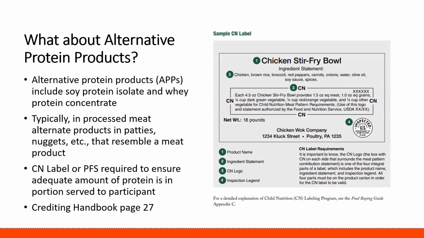So it gives you a lot of information, exactly what you need to know, whether it credits or not. So CN labels are extremely beneficial to have for products and are necessary when they're processed.